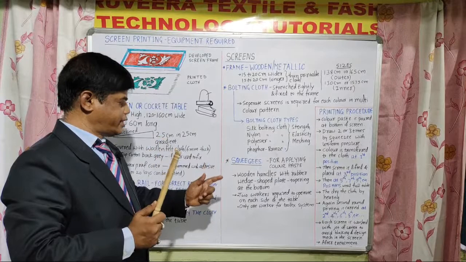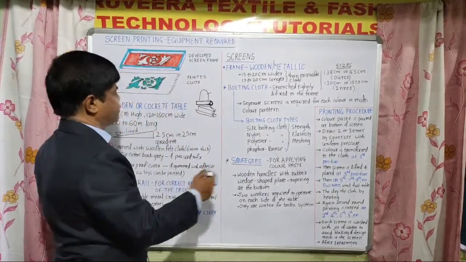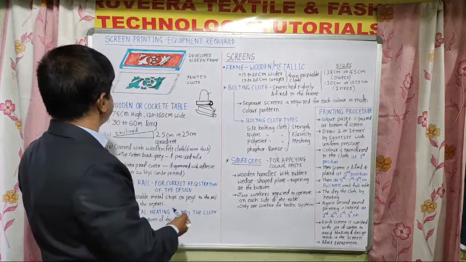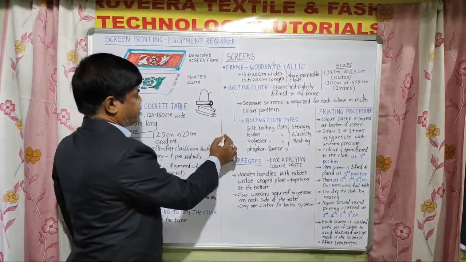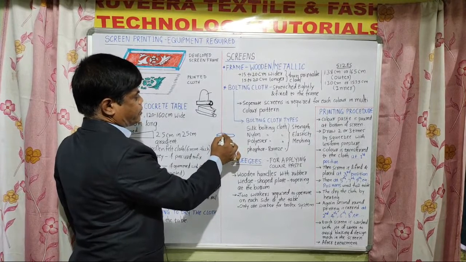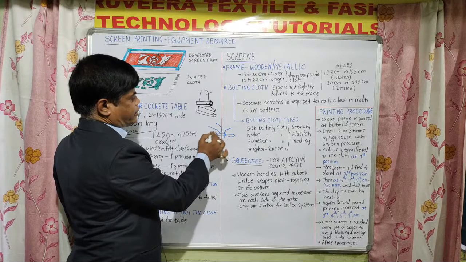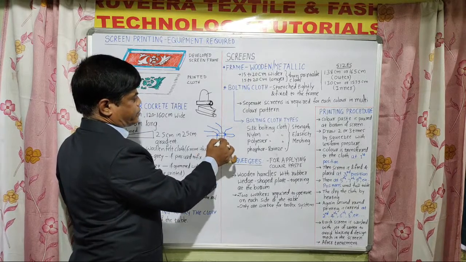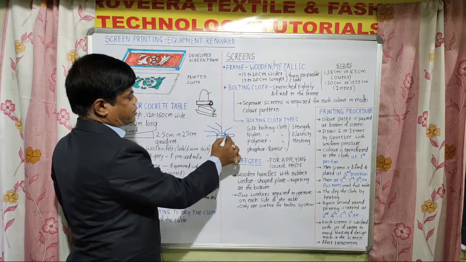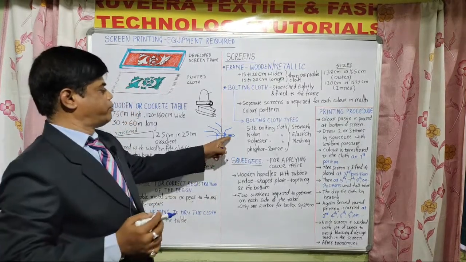Suppose one design is there. Usually space is not there to draw here. Okay, this is one screen, suppose this is a circle, the printable area. This is the second screen, third, fourth, fifth, sixth, seventh. Suppose this is the printing table.